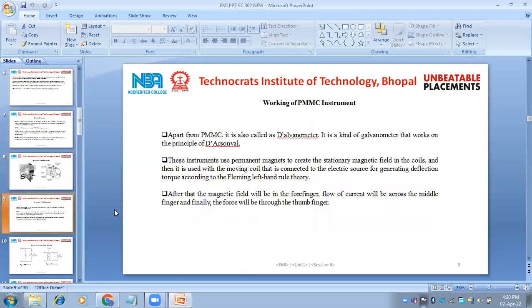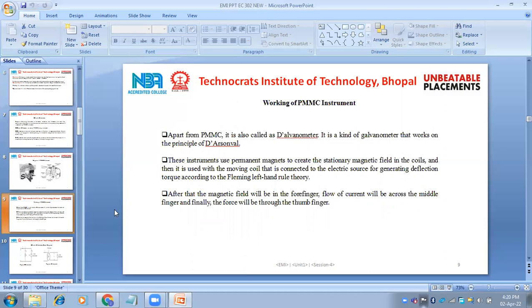Now that working is represented, how such an instrument will work. Apart from the moving coil, it is also called a galvanometer, a kind of galvanometer that works on the principle of DSO.